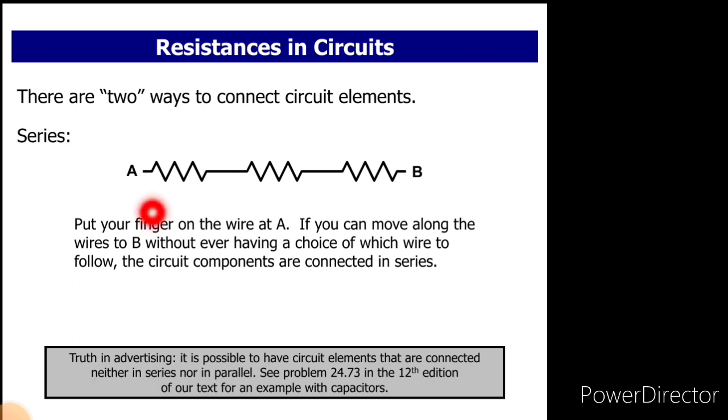We have point A and point B. If you put your finger on the wire at A, and if you can move along the wires to B without ever having a choice of which wire to follow, the circuit components are connected in series. So from point A to point B, wala kang choices. Isa lang ang daan papunta sa B. So that means this is in series connection.